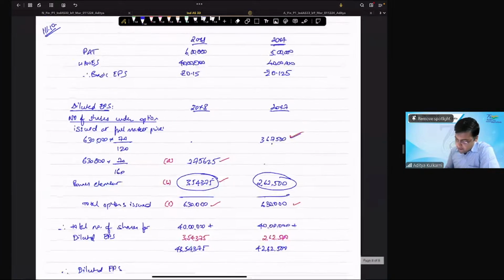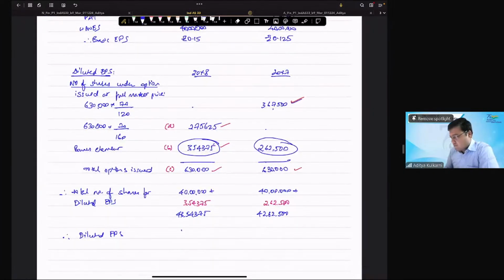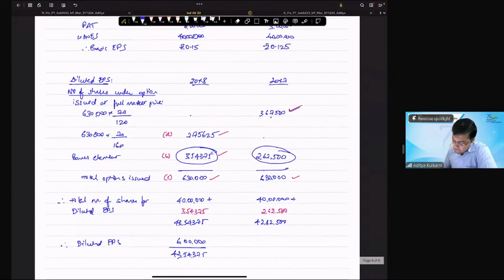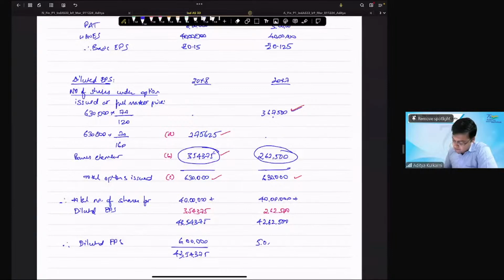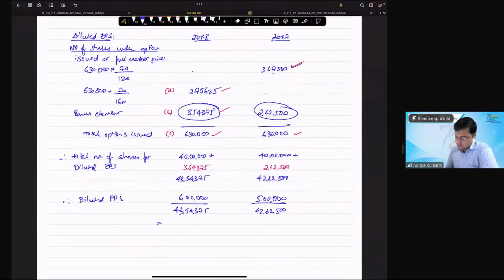Therefore, diluted EPS will be 6 lakh divided by 43,54,375, and here it will be 5 lakhs divided by 42,62,500.